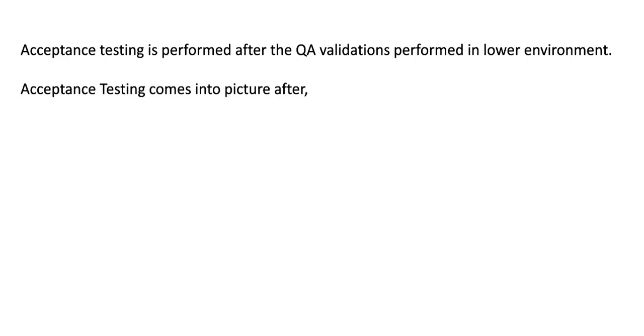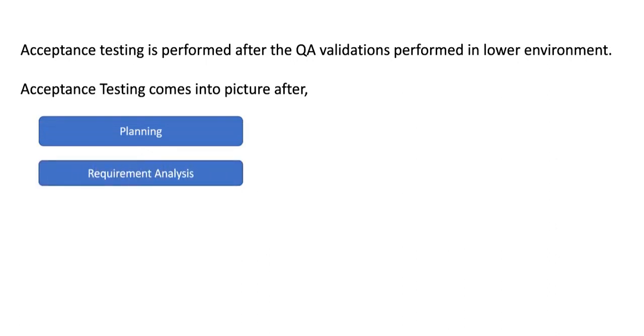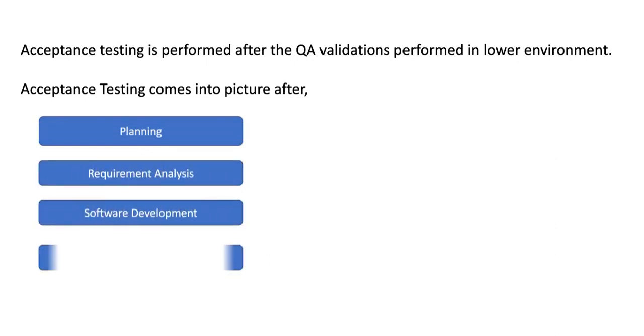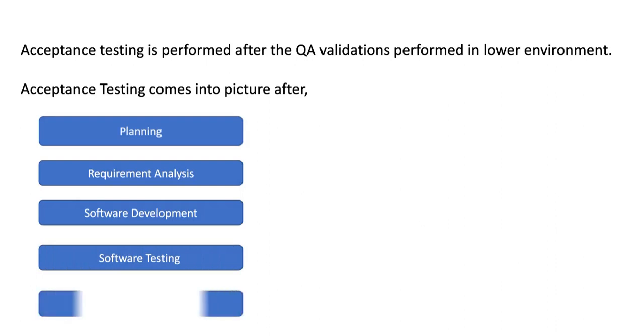That will be tested in the lower environment. If you are not aware of what an environment is, I will leave the link in the description box. Please do check out what an environment is. Acceptance testing comes into the picture after planning is done, requirement analysis is done, software development is done, and software testing is done.